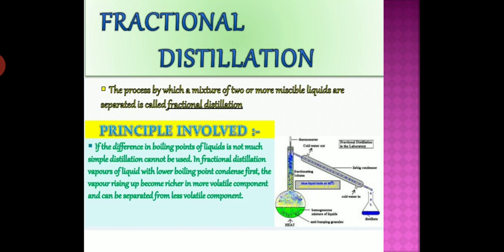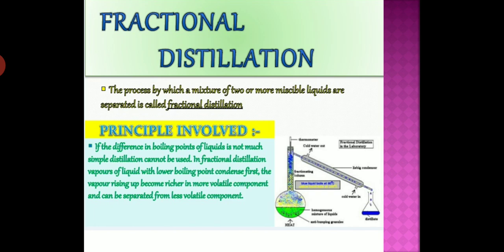And the temperature. Now you tell me the boiling points. If we talk about which liquid has the higher boiling point? Yes student, methyl alcohol, and acetone has a boiling point of 56 degrees Celsius. So student, methyl alcohol has the higher boiling point, so it is condensed, and acetone, with the lower boiling point, goes into the condenser where it is condensed, and the liquid thus obtained is then collected in the receiver.